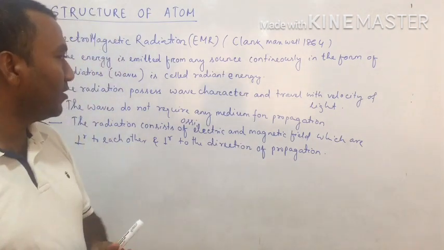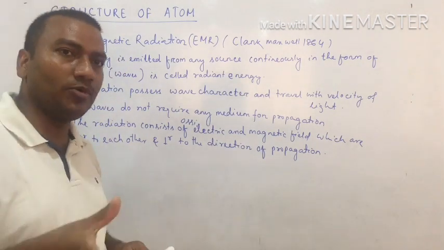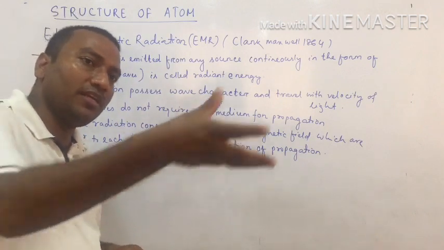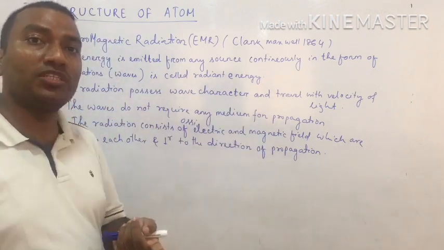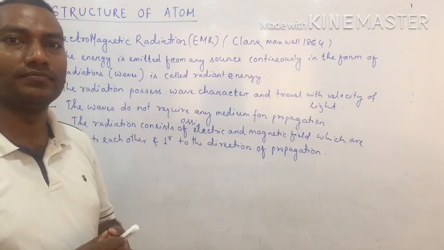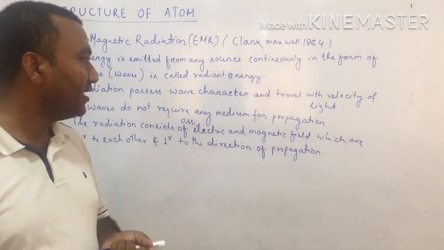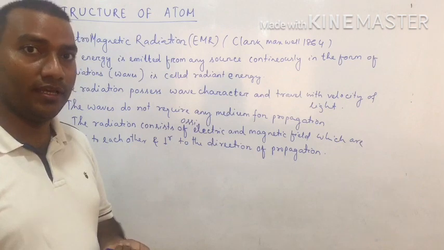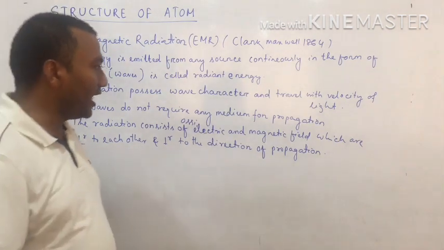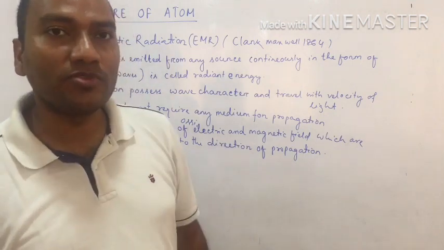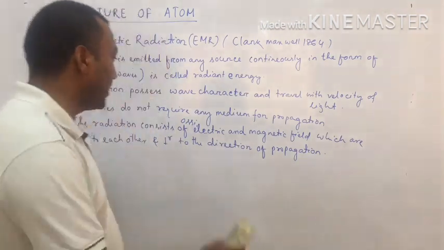Earlier in lower class we have read, when any charged body rotates around another charged body, it produces both electric and magnetic field.